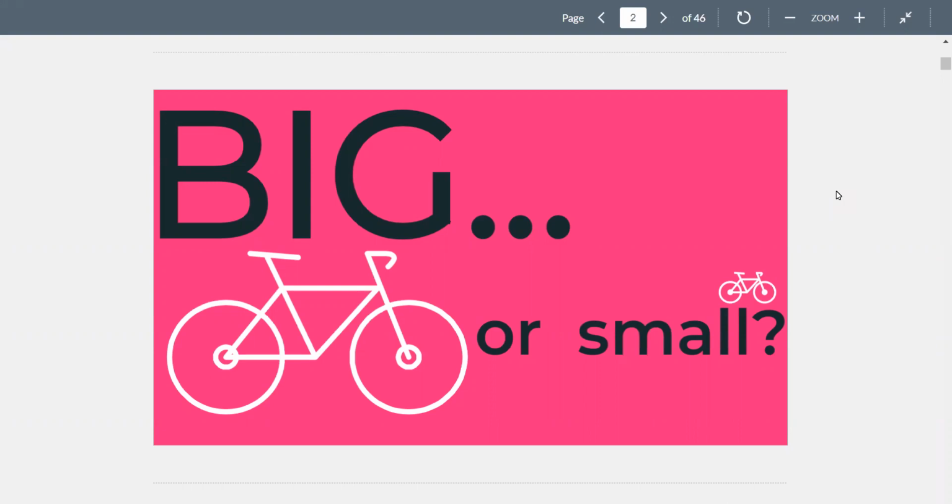So you say the scale of this bike is small. When we talk about scale, we talk about elements within the same category. When we talk about the bike, we talk about the bike itself, and compare the actual bike with the one that we have in the composition.